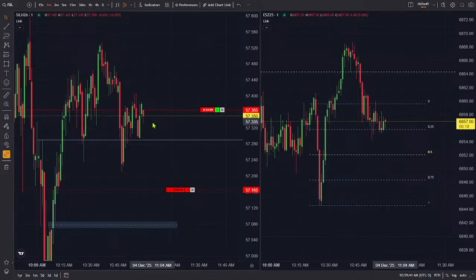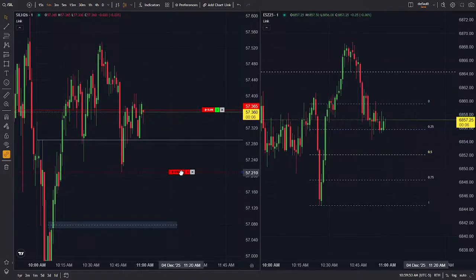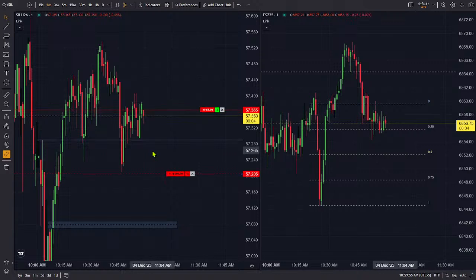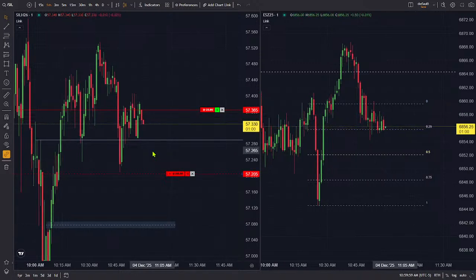This is the macro. It's 10 o'clock almost. We should be going somewhere if we're going to. We're either going to get stopped out. We don't need to be any lower than that. Or it's about to run for the hills. Now, I like the way the equity's pushing.